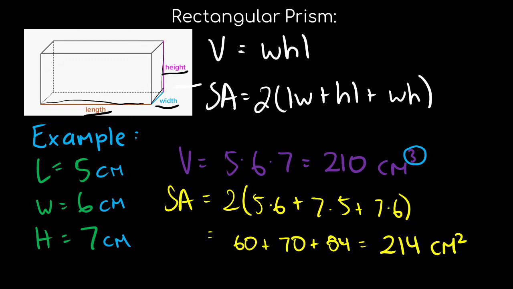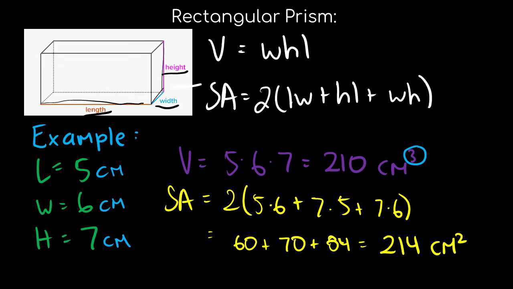We have the height, the width, and the length. So height is this, width is this, and length is this. The volume of a rectangular prism is width times height times length.